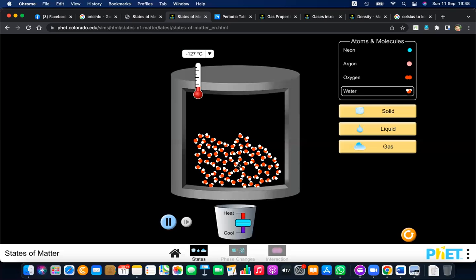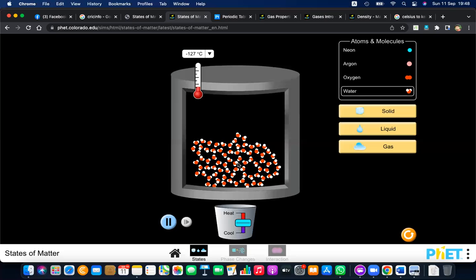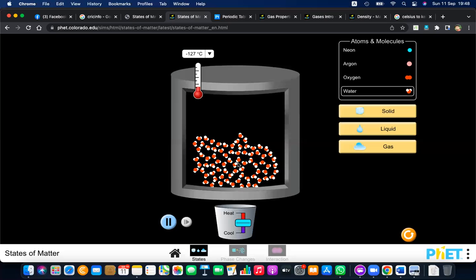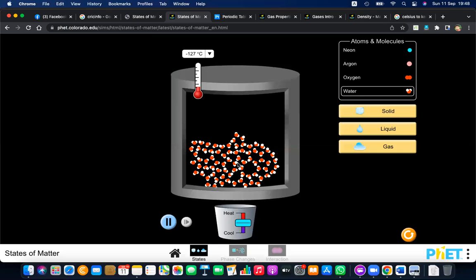I'm asking about water, a very simple question. 100 Celsius. Oh, is it 0? 0, right? So that is the melting point, right? 0 is the melting point.